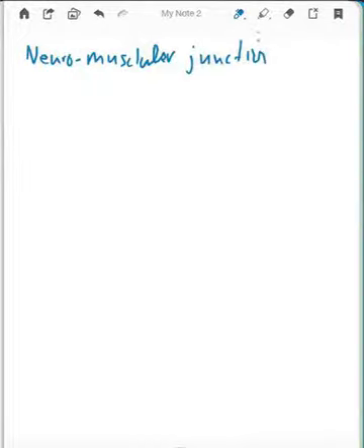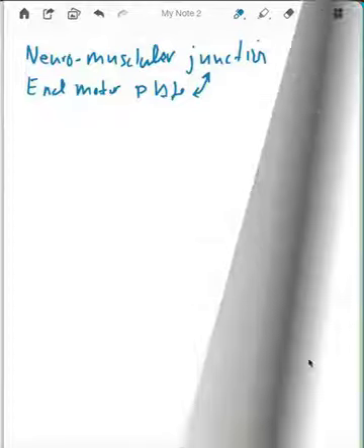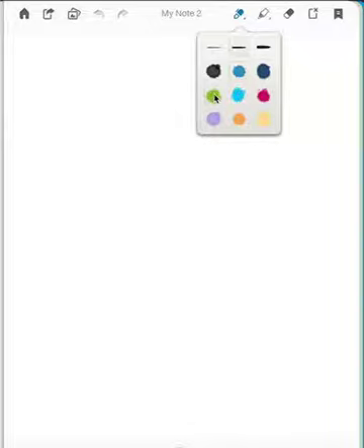You may also hear the term end motor plate, or motor end plate, as some people may say. This is synonymous. These terms mean the same thing. The neuromuscular junction is a junction where the somatic nervous system innervates, where the nerve actually interfaces with the skeletal muscle.